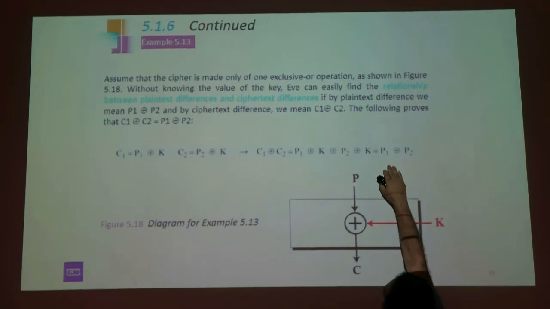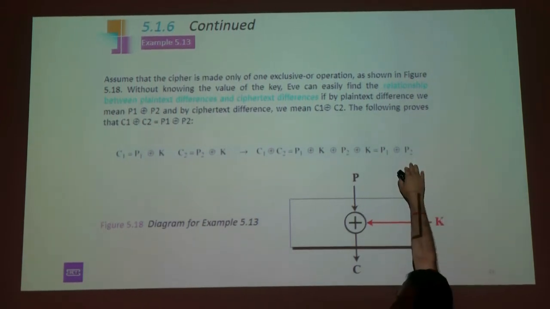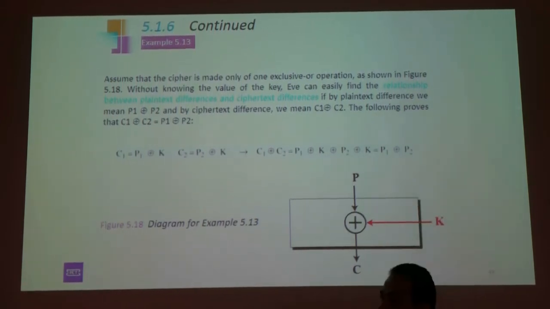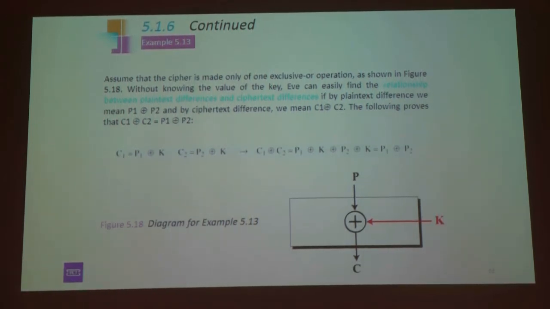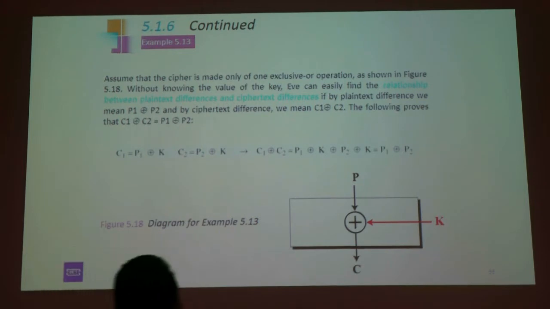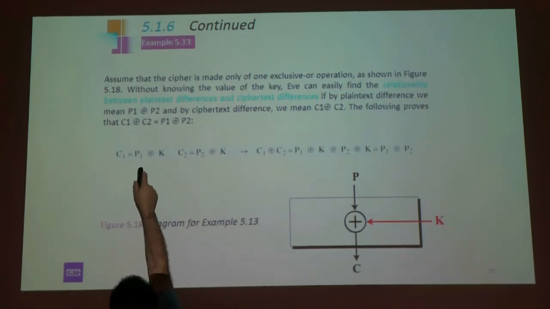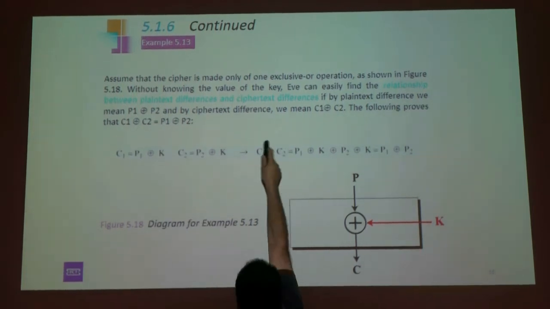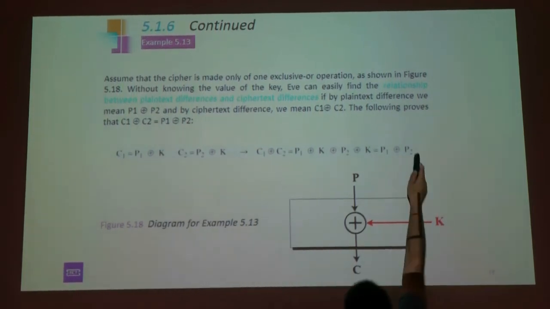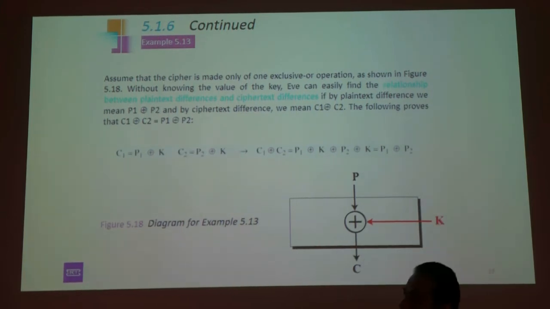That means they are equal to plain text 1 XOR plain text 2. For that, you need two ciphers and two plain texts. You don't have to have the key, because you're trying to get the key. So XORing the ciphers equals XORing the plain texts. From there, you try to figure out the key.